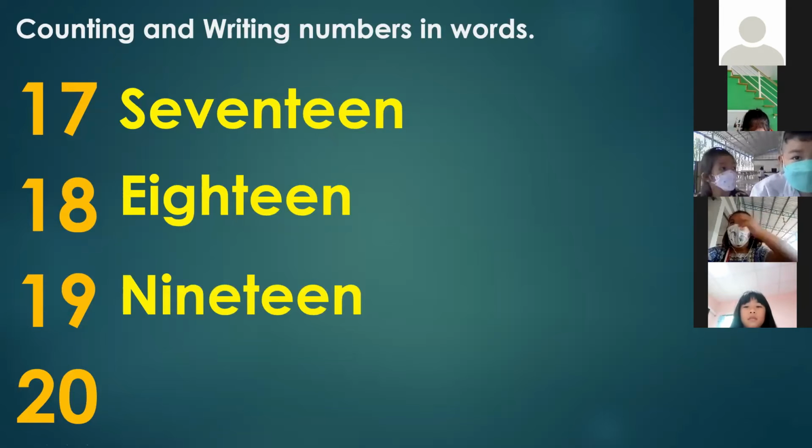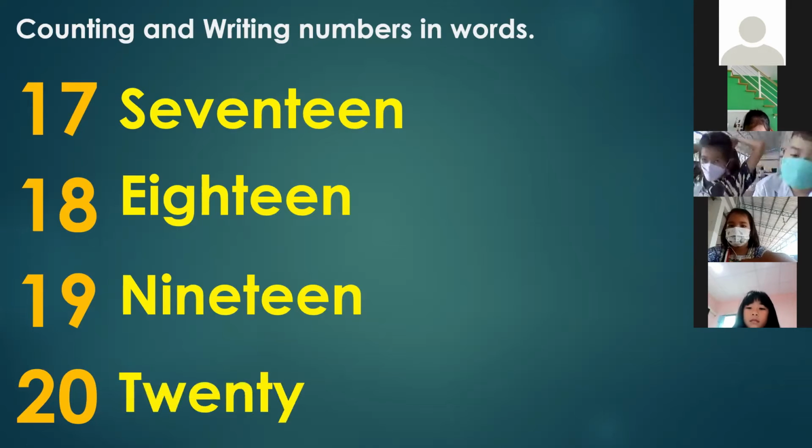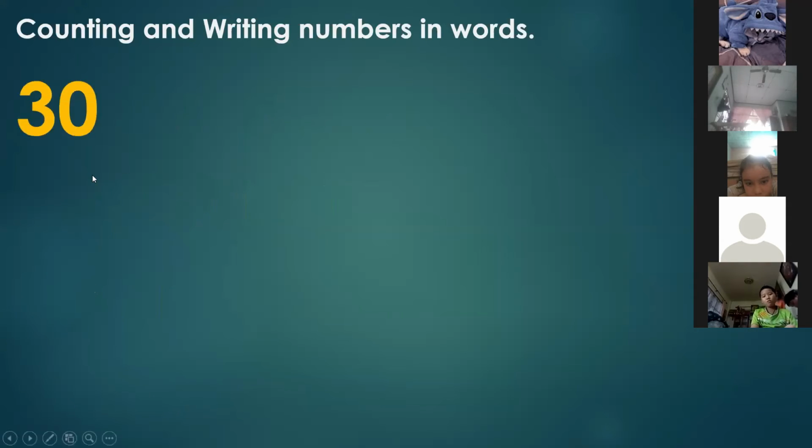How do we spell 20? TWENTY. Very good. TWENTY. Very good. That's how we spell 20. Okay, so let's proceed to the next slide. We have, what number is this?